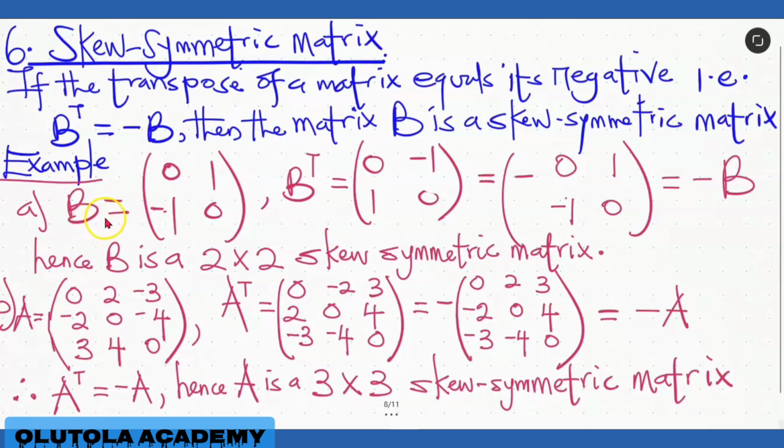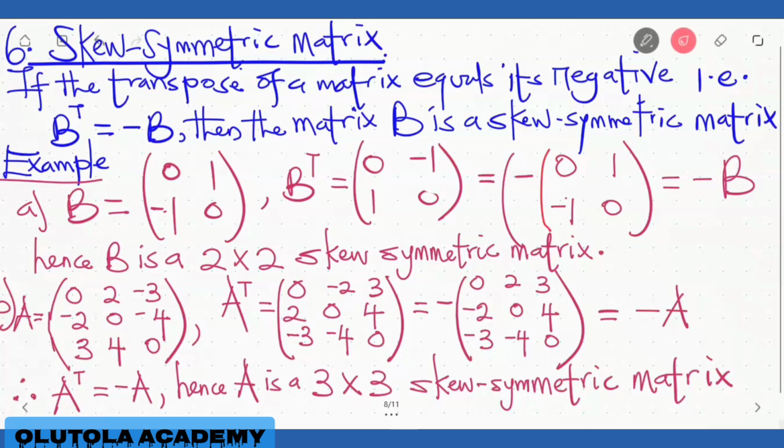We have B equals 0, 1, minus 1, 0, and the transpose is when the rows turn to columns, that's 0, 1 here, 0, 1 here. So this is the transpose. The minus is supposed to be out here, it's supposed to be this way.